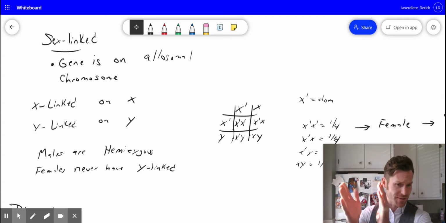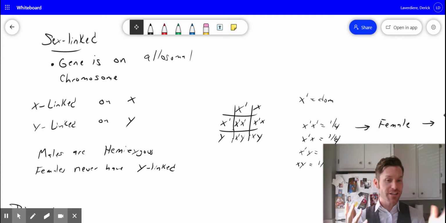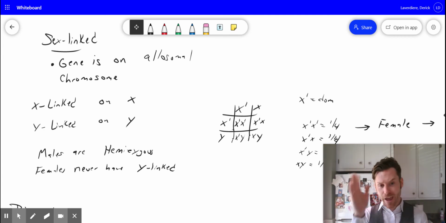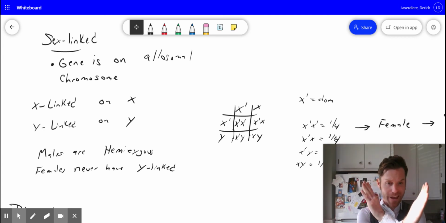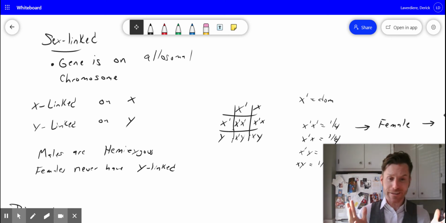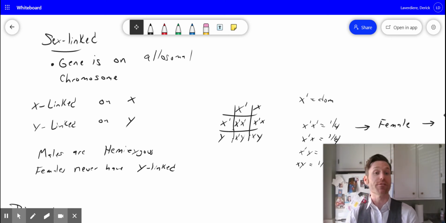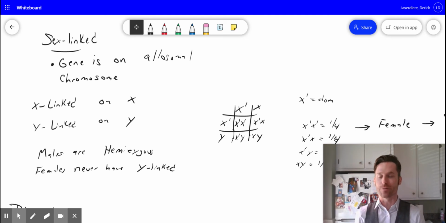So autosomal means that they're the same, right? Like number 1 looks like number 1. Number 2 looks like number 2. Number 3 looks like number 3. But you get to number 23, right? X does not look like Y. They're allosomal. Okay? So if it's X-linked, the gene is on the X chromosome. Mind-blowing, right? If it's Y-linked, the gene is on the Y chromosome. Somebody did a good job naming these one day.